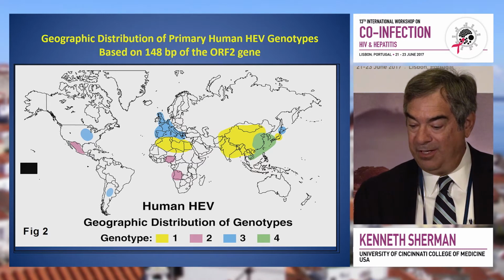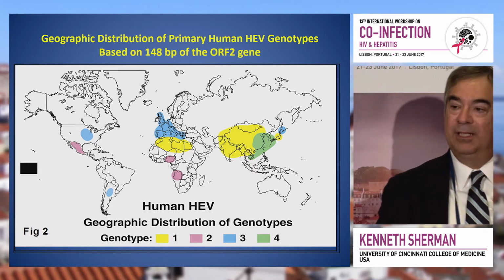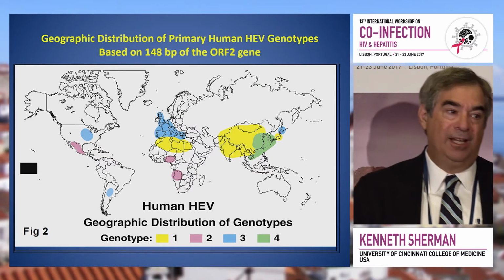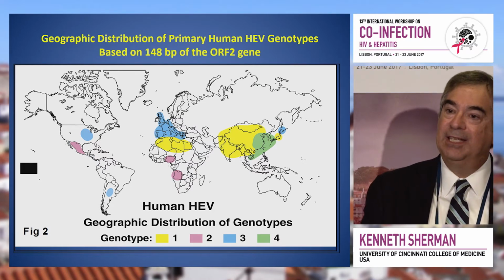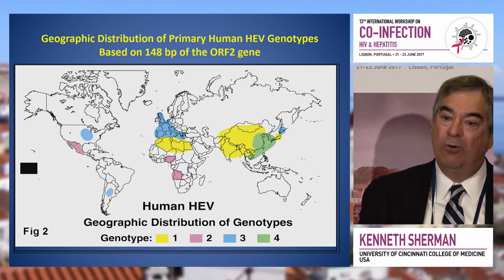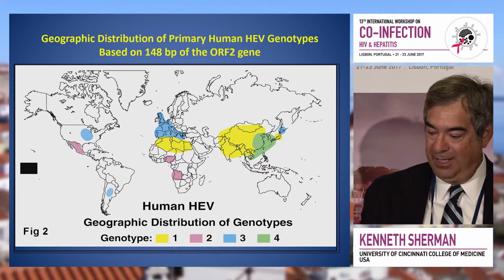For example, we did a study with colleagues in the Nile River Valley and found that hepatitis E was contaminating the well water that people were drinking.